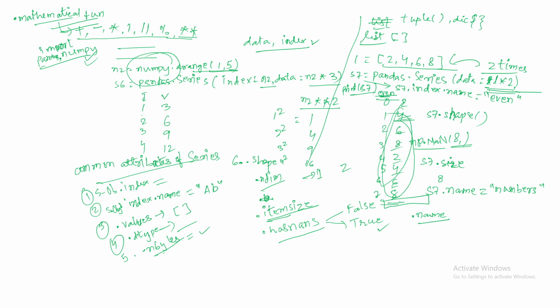If we write type of the series object, suppose S7, then what happens? Type of the object means which type it is. Len and count are a little bit different, but it's a big difference.